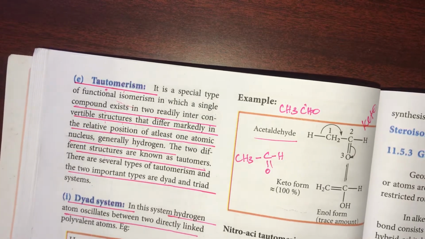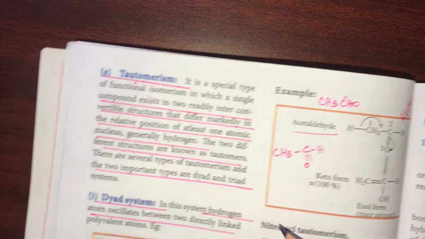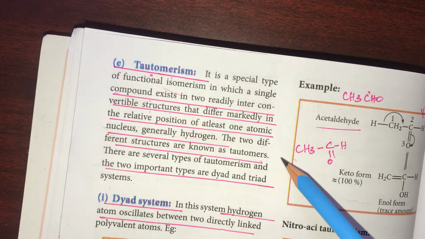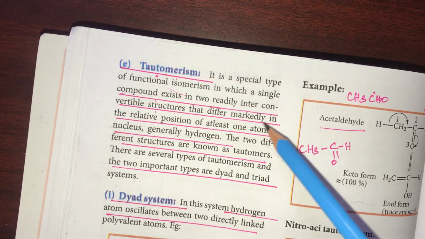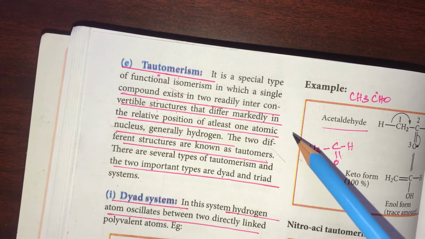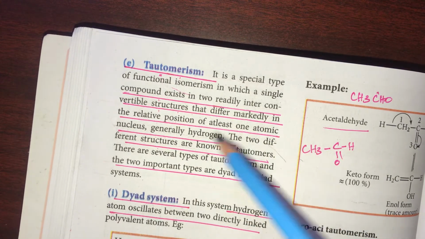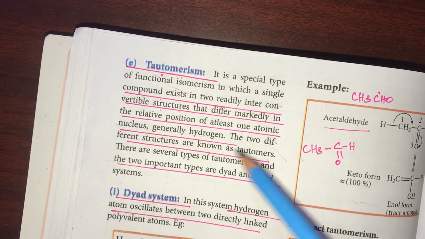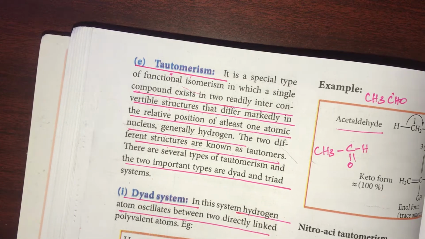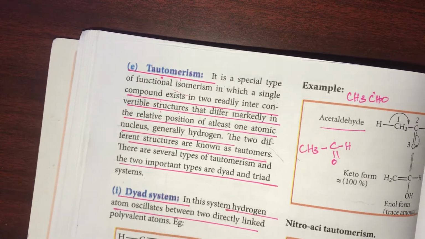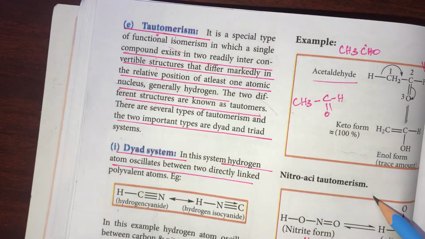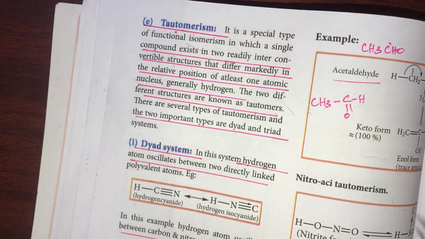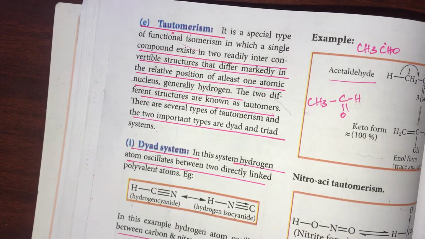Next one is tautomerism. There are three types of tautomerism given here. Tautomerism is due to a single compound existing in readily interconvertible structures that differ in the relative position of at least one atomic nucleus, generally hydrogen. The two different structures are called tautomers, and the phenomenon is tautomerism.